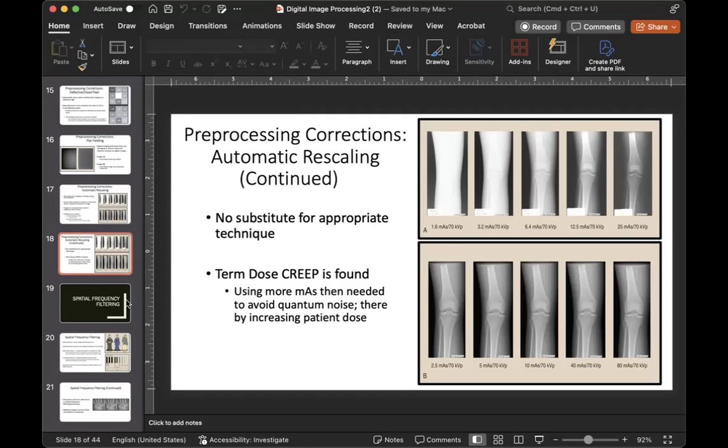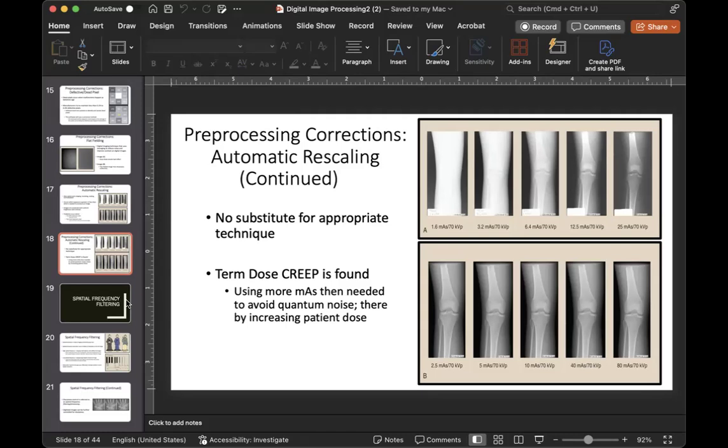Because if a machine can correct up to 500% overexposure, some technologists think, hey, that's free rein to just blast these patients, right? Because if I choose the wrong technique and it's not enough, I'm going to have to repeat the image, right? So they think overexposing is better, right? Which is not. That's not what we should do.